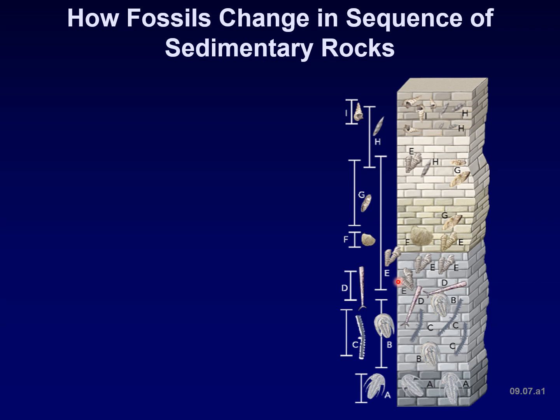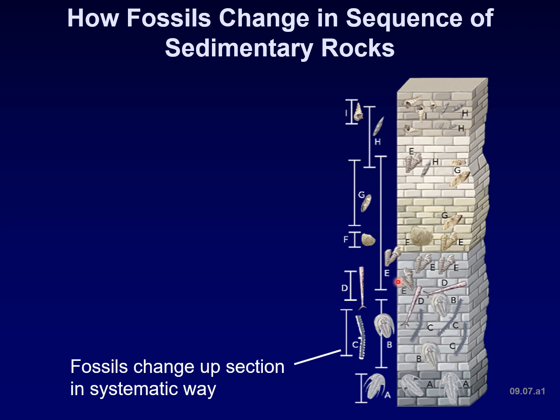And there's some things to notice about this. So the first thing, that fossils tend to change up section in a systematic way. Generally, let's say this trilobite down here might have a more simple form, and then the trilobite above it might build on that same form, but start to evolve or develop some other body parts that make it a little bit more complex, right?